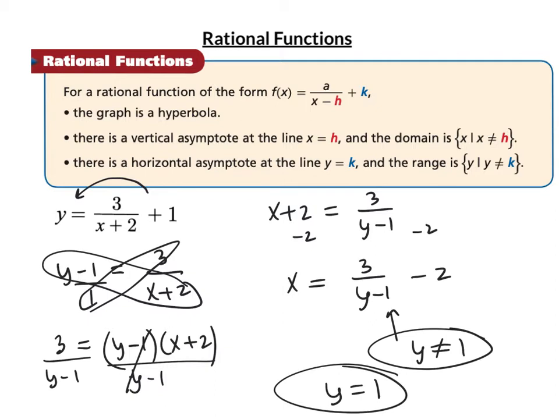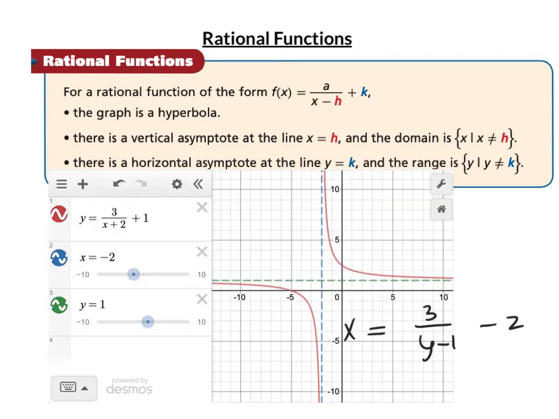Take a look at that graph again. In the original equation, I can see that x cannot be negative 2 because I'd be dividing by 0. I get an asymptote at x equals negative 2. When I solve for x, I can see that y cannot be 1. I get an asymptote at y equals 1.